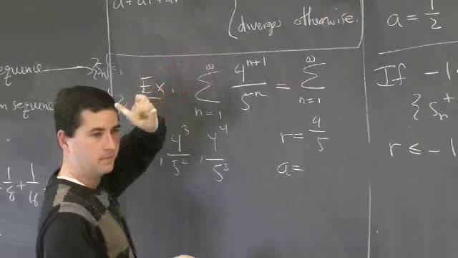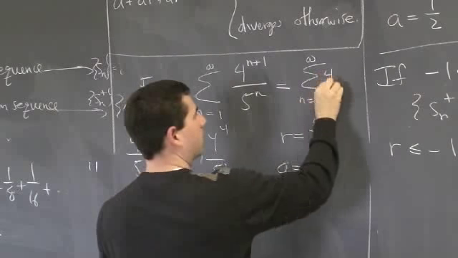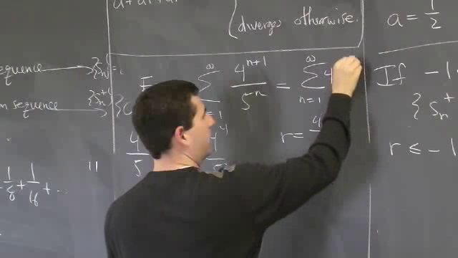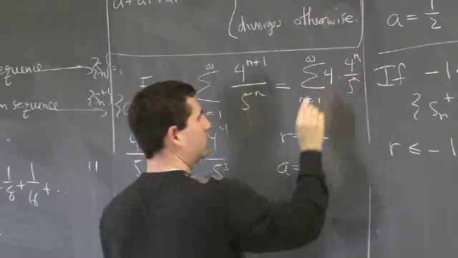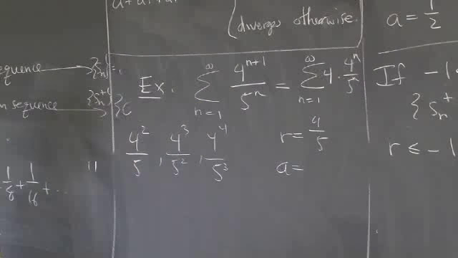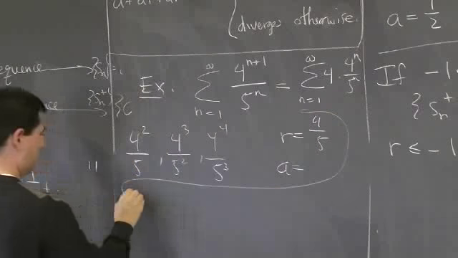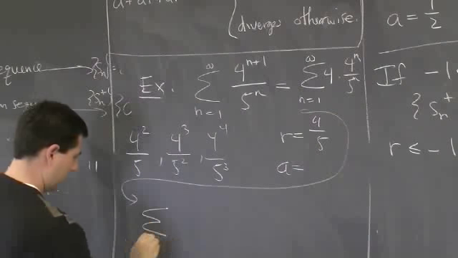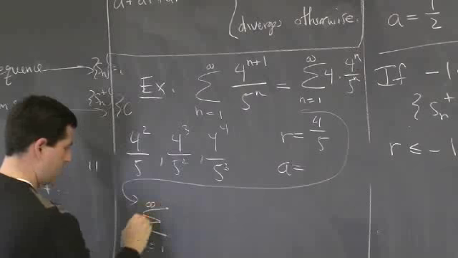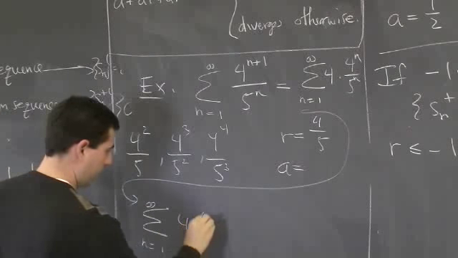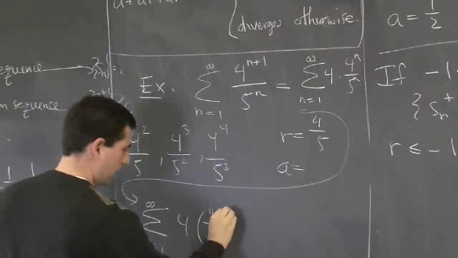There's n plus one of them. I get a 4 there, and I'm left with 4 to the n over 5 to the n. Now, let's go down here. I can rewrite this as 4 over 5 to the n.